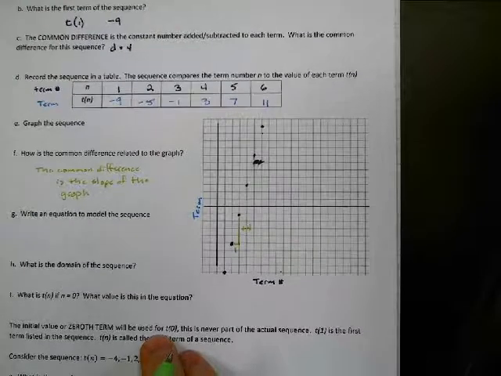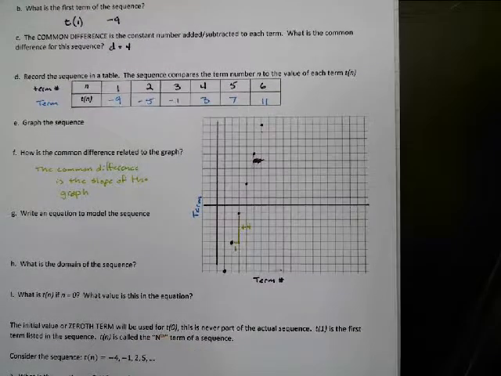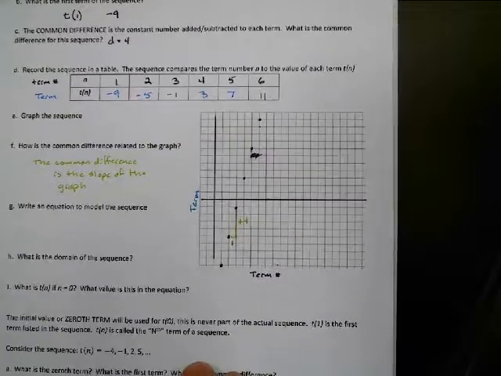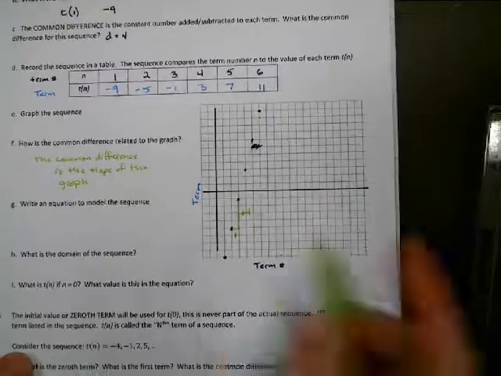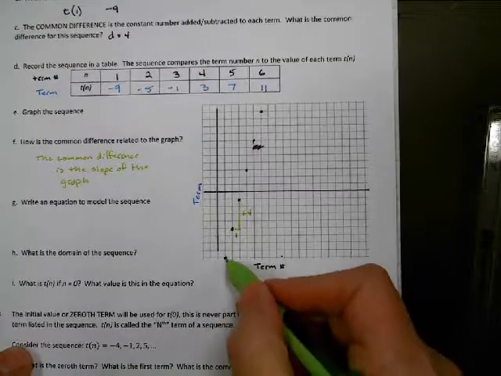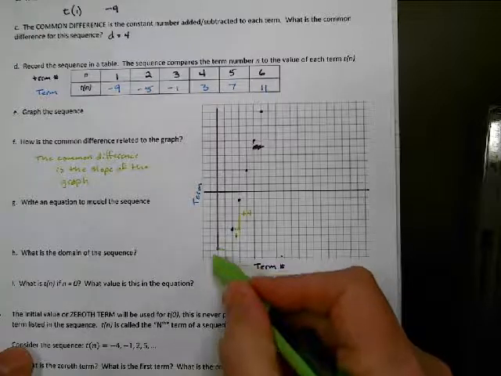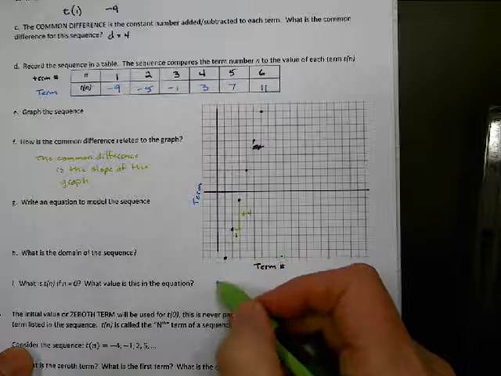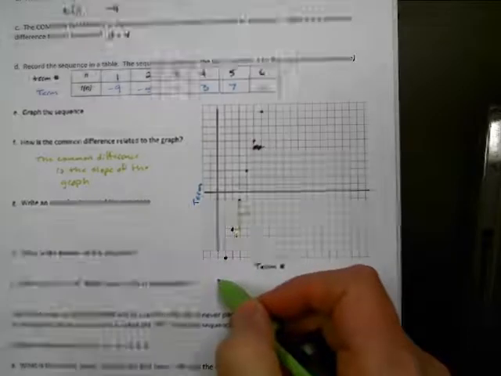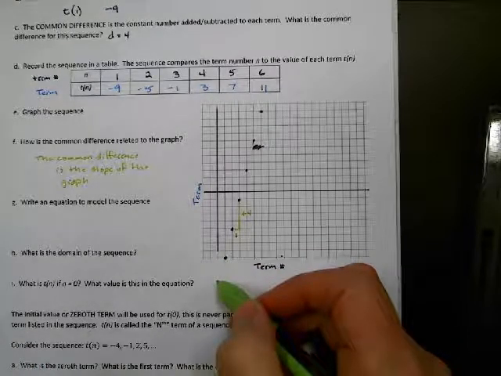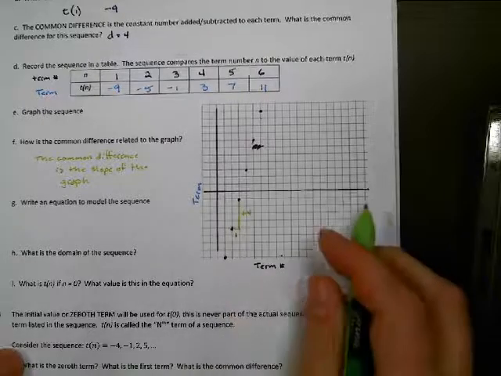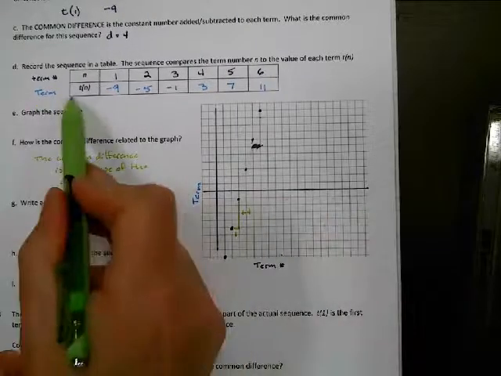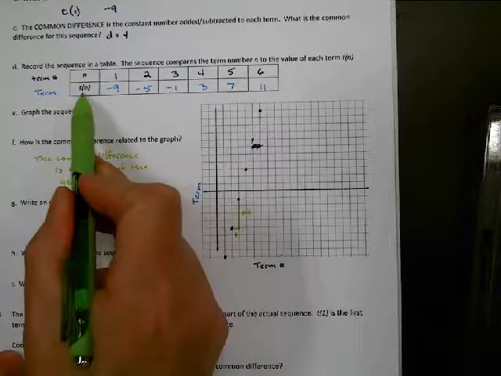Okay, we want to write an equation to model this. Now, this is where it kind of breaks down a little bit because we have a first term, we don't have a 0 term, but we usually need a y-intercept in order to graph something. So I already know that my terms are going to be t of n, and n is my term number.